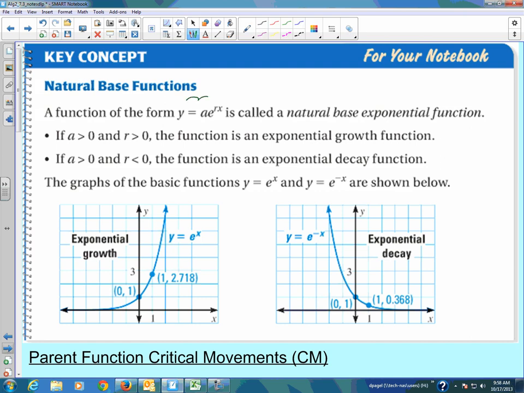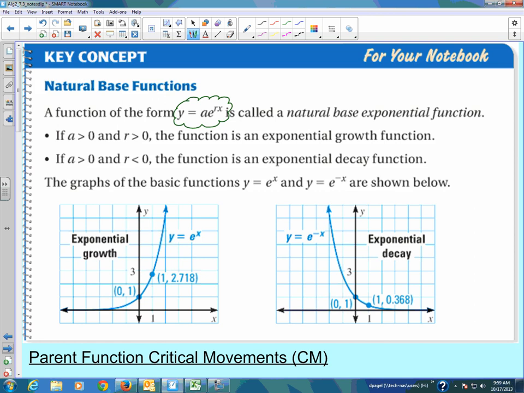So you'll notice our equation y equals a e to the rx power. This r value is different than what we normally see for our bases. Sometimes that r is just 1, and we just get y equals a e to the x.